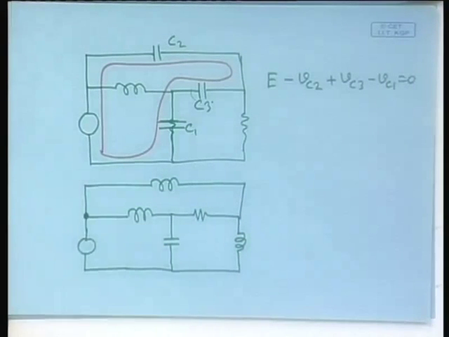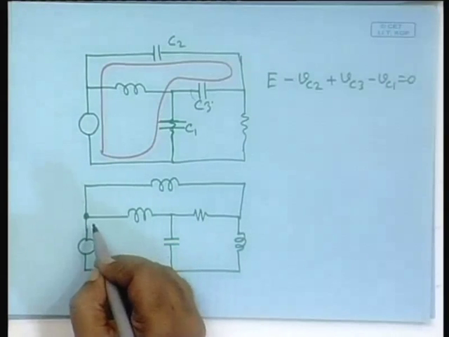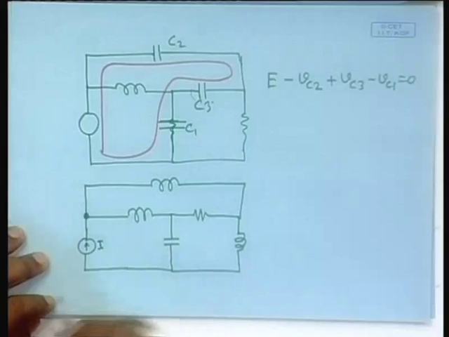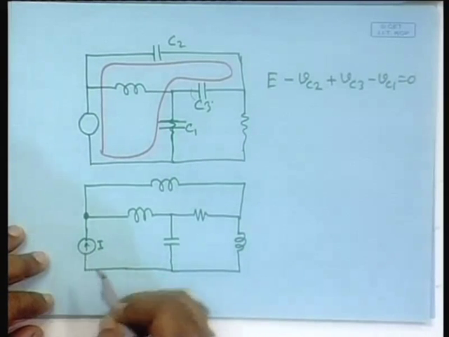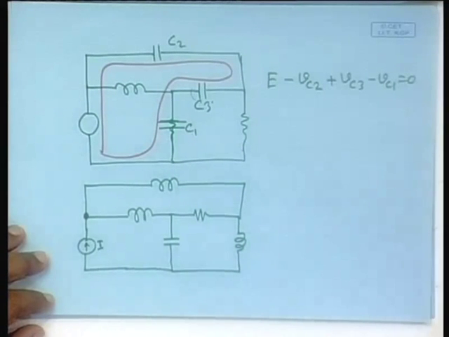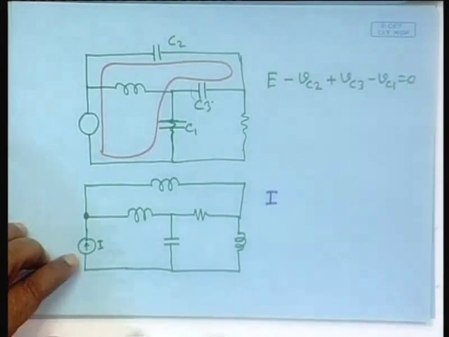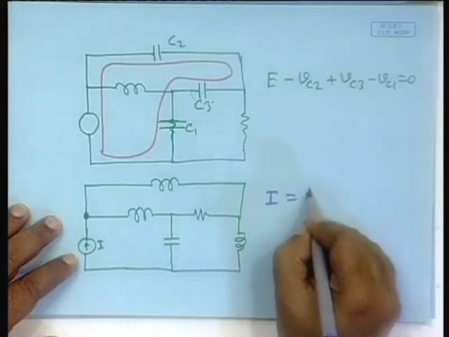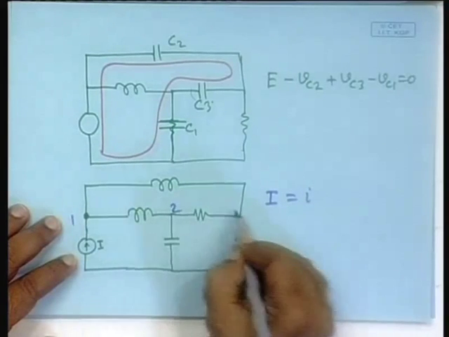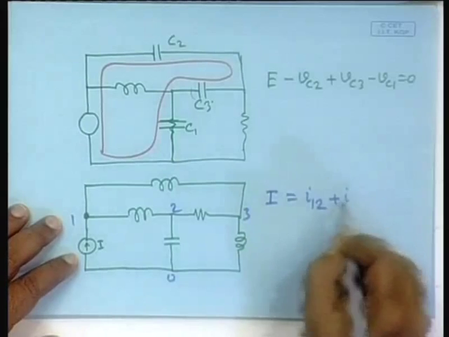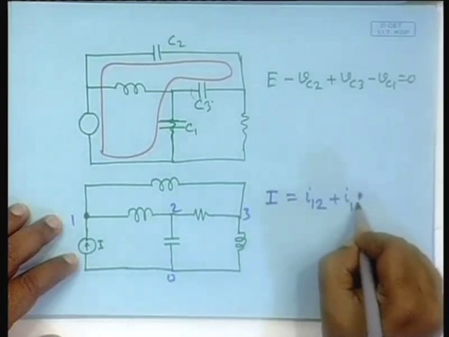If I write this node equation, then what do I have? Suppose this is now a current source I. Imagine that this is a current source, and in that case the equation becomes I is equal to I12 plus I13, right?